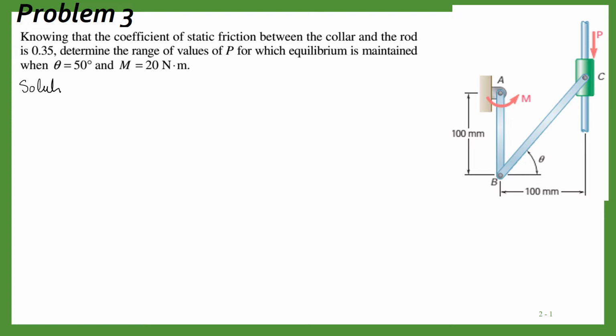So solution, I am writing solution. So first I will draw the free body diagram of this rod AB. So this is the rod AB. In this rod we will be having reactions here, so you can call it AX, AY, and then we have a force here.